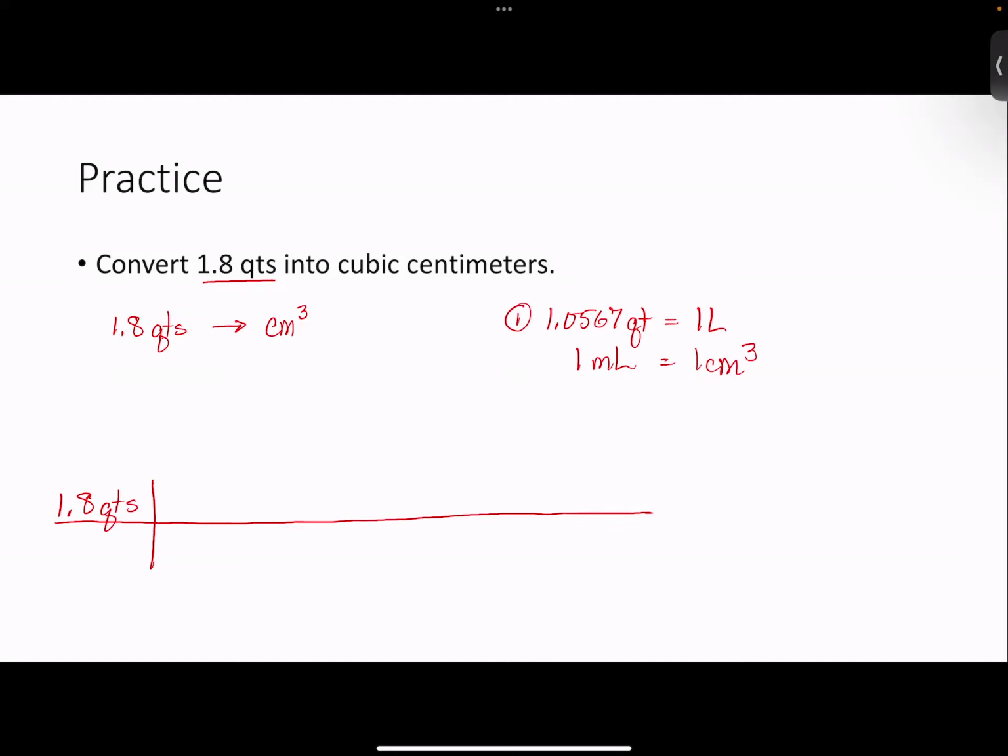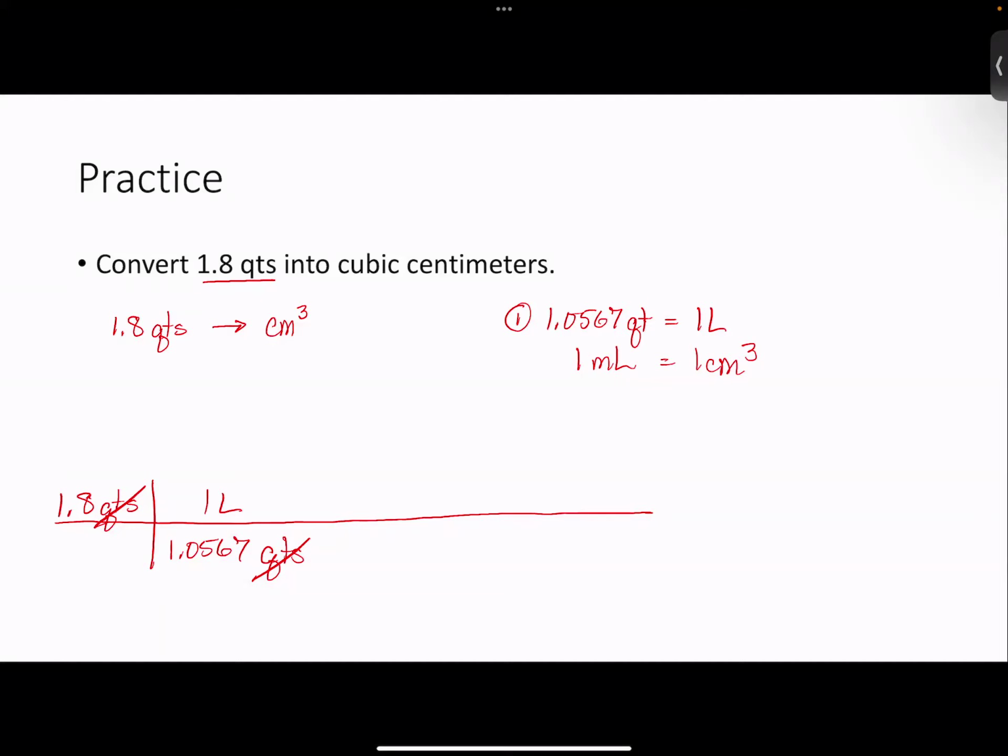So we're going to use the first one I found, which is that 1.0567 quarts is equal to 1 liter. With that equality, you will notice that the quarts was placed in the denominator so that the unit cancels out, leaving liters.